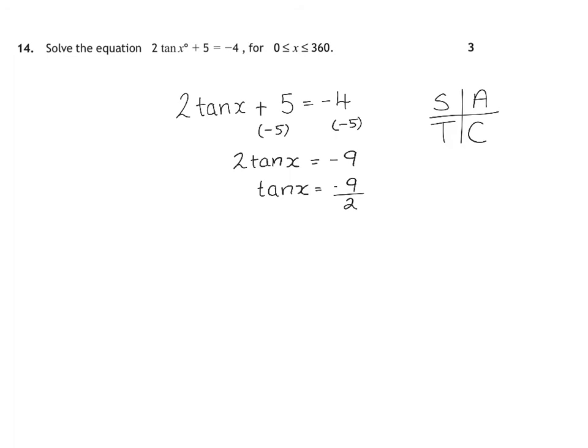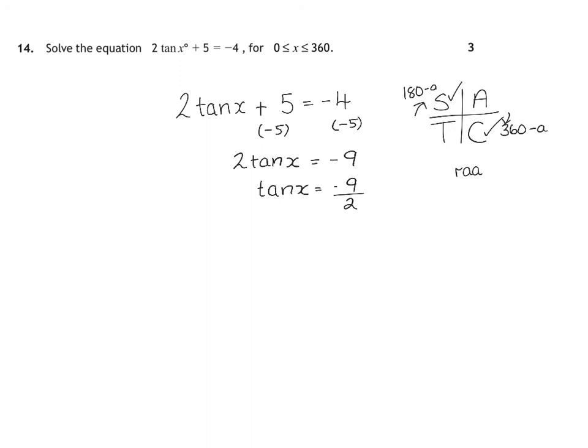Right, so tan is negative, so that is going to be our second and our fourth quadrant. So this quadrant here is 360, take away our acute angle, and that one is 180, take away our acute angle, because we're working from there going back that way, and from there going back that way. So we need to find out our relative acute angle.